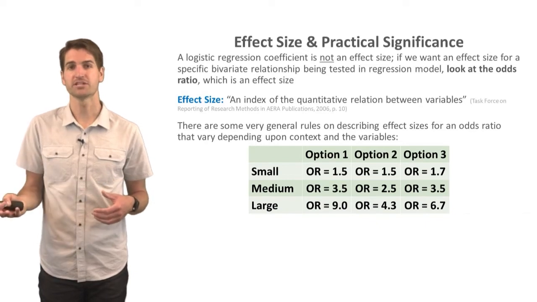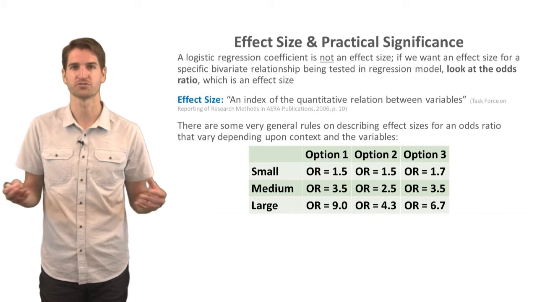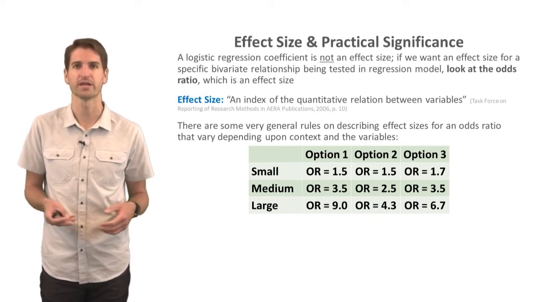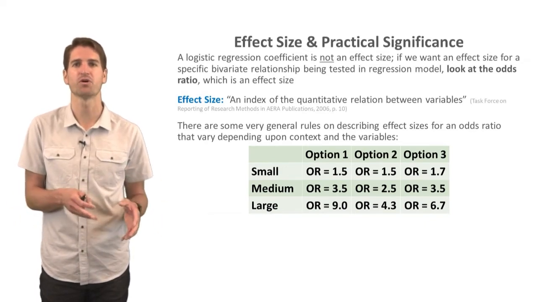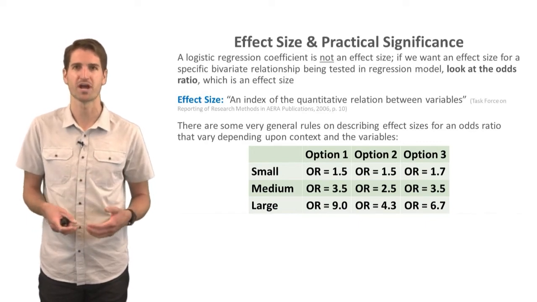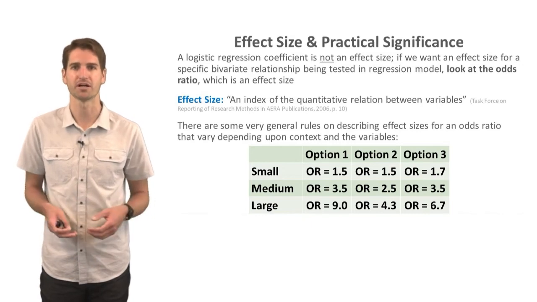In addition, I have two other options here, which I've also seen used in the literature and by professionals, and this really comes down to you picking whatever is most appropriate. You'll want to dig deep and look into what the specific context is and what makes sense in terms of a small, medium, and large effect if we're going to qualitatively describe the effect size, which again, in the context of logistic regression, is going to be an odds ratio.